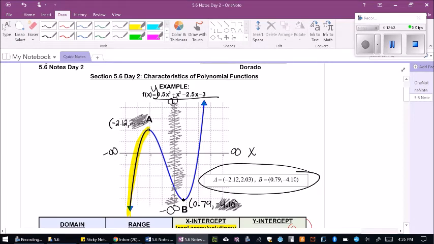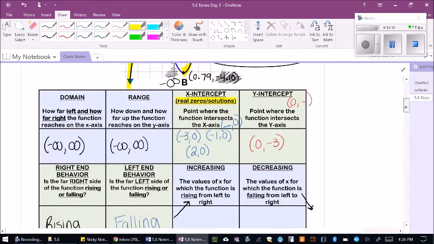And then I'm going to look at the rest. So I'm going to see that from A to B, no, that's not going uphill, that's not rising. But from B on would be. So I have these two interval pieces. And so let's go ahead and write this.